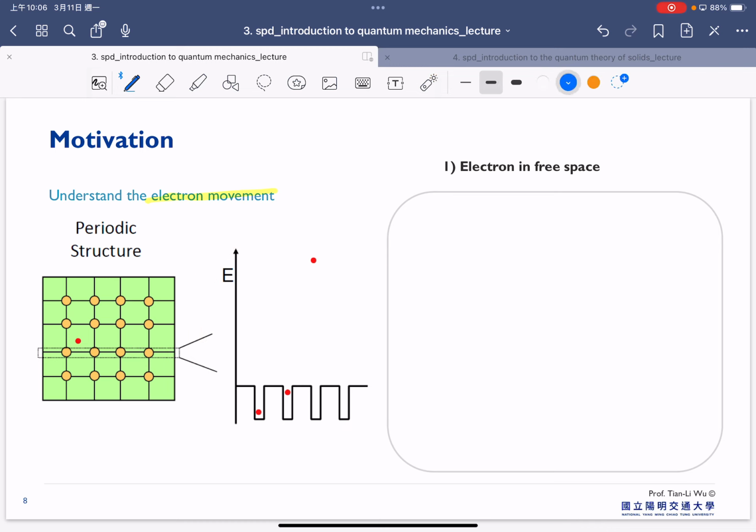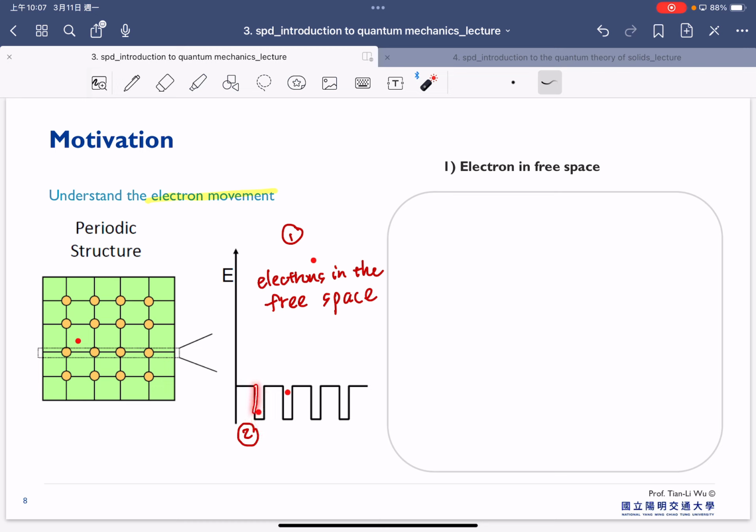The first one is that the electrons might be moving in the free space. The second can be the electrons moving in the potential well.